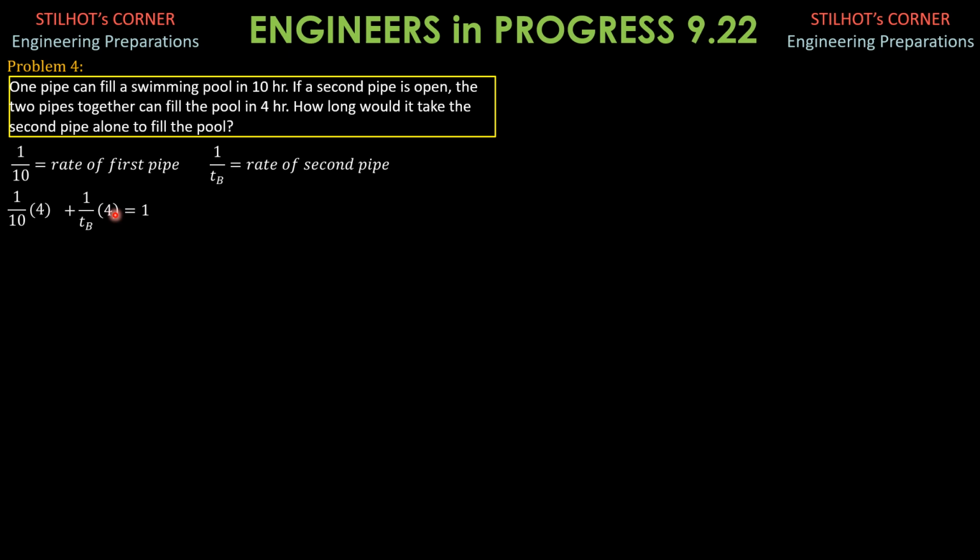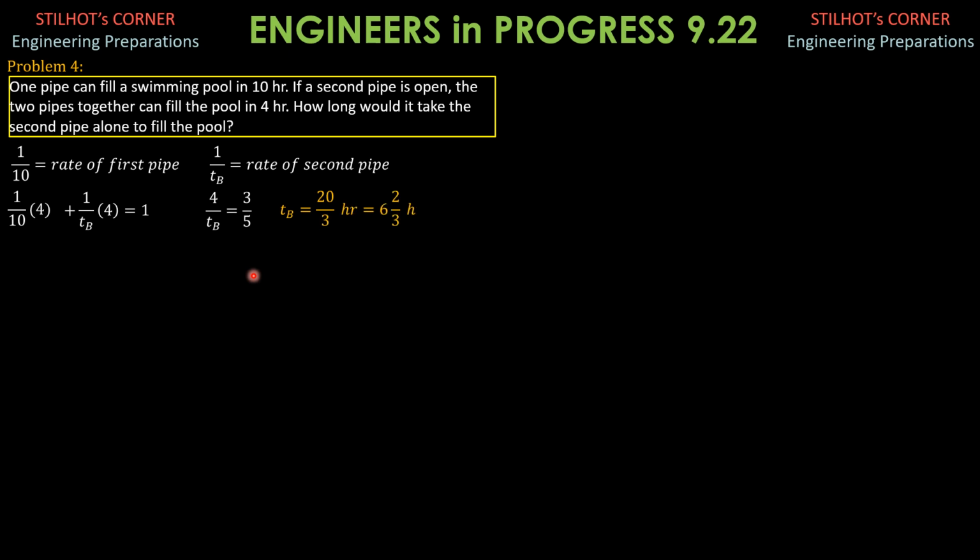So 4 over t sub b is 1 minus 4 over 10, so that's 3 fifths. So 4 over t sub b equals 3 fifths. So t sub b is 4 times 5 over 3, 20 over 3, or 6 and 2/3 hours.